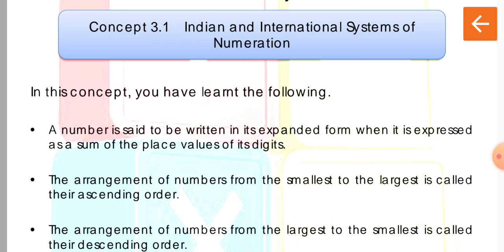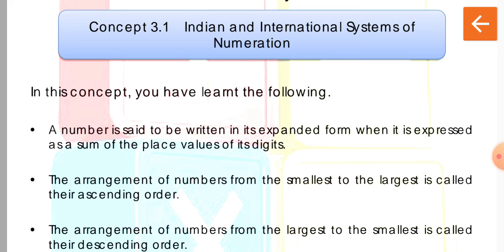For example, if I am taking a small number 326, then how can we write the expanded form? 300 plus 20 plus 6. The same way, you can arrange the numbers as the sum of the place values of each digit. Okay. So the question will be asked with large numbers, so you should know how to answer that. Got it, children? Okay. Practice the questions of that type.